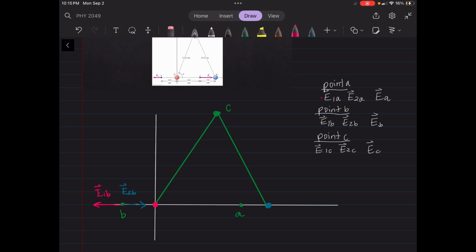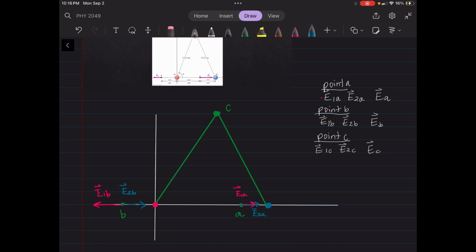So my electric field due to Q1 should be pointing to the right, away from my positive point charge. Now my electric field line due to Q2, which is negative, is going to point towards negative charges. So I'm going to draw it right on top, again not to scale.